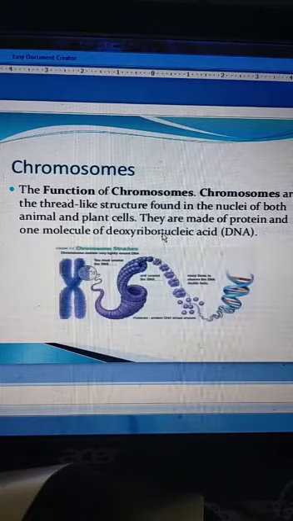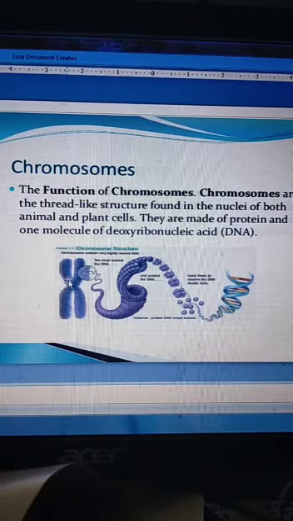Then chromosomes. In the nucleus of each cell, the DNA molecule is packaged into thread-like structures called chromosomes. Each chromosome is made up of DNA tightly coiled many times around proteins called histones that support its structure. This is chromosomes.